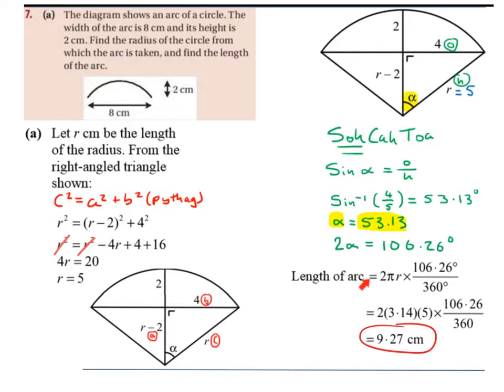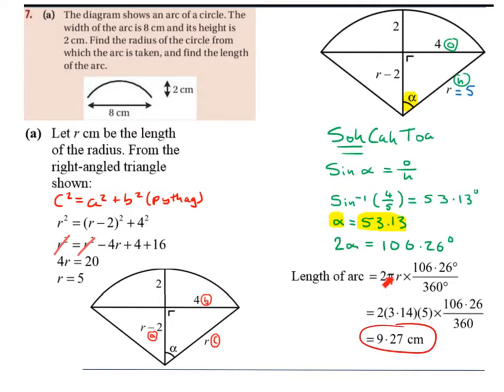So the length of the arc will be 2 pi r multiplied by 106.26 over 360 degrees. So this formula is in your formula book. We're going to let pi be 3.14, the radius be 5, so remember we got that up here, the radius was 5, and we get 2 times 3.14 times 5 multiplied by 106.26 all over 360, and that gives us 9.27 centimeters.